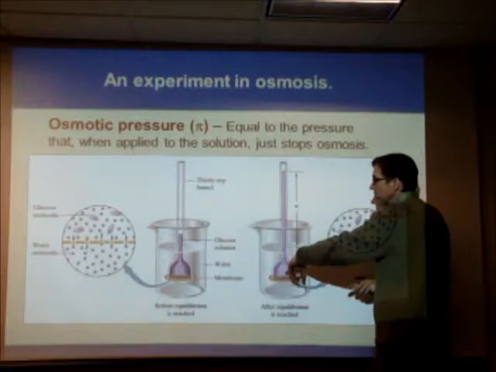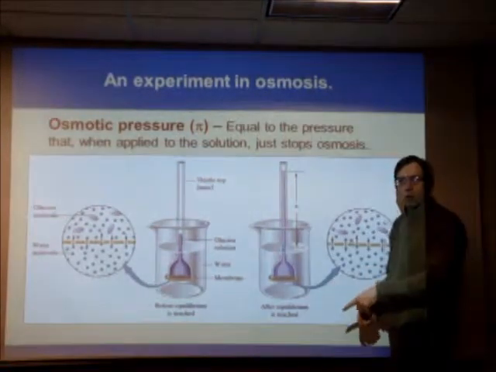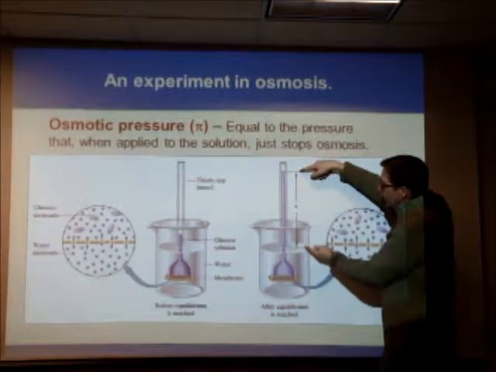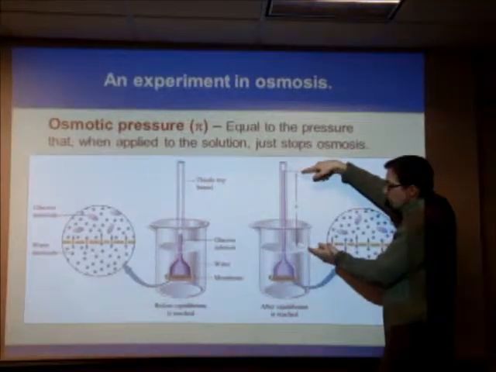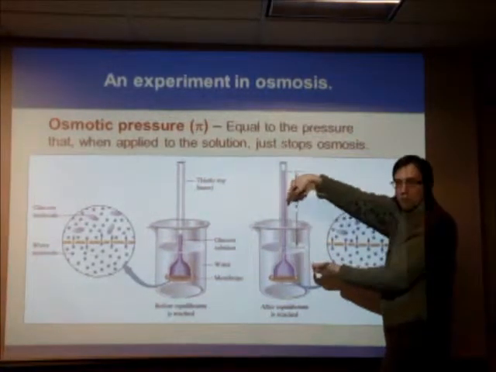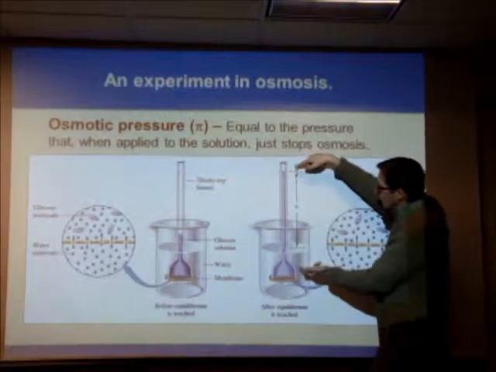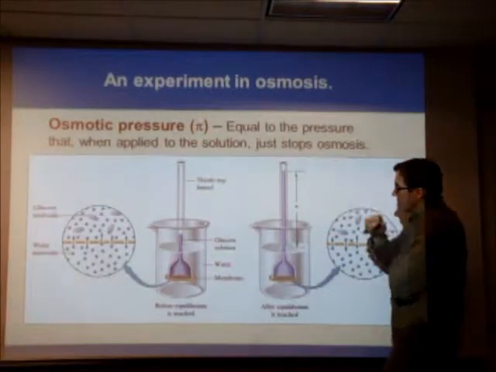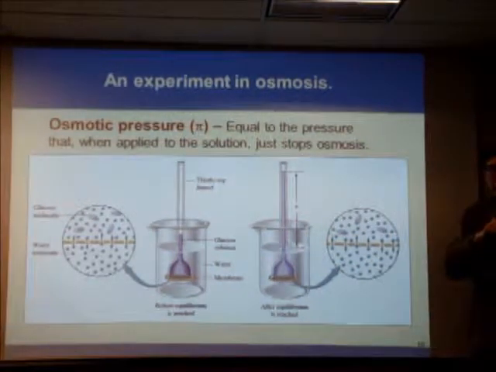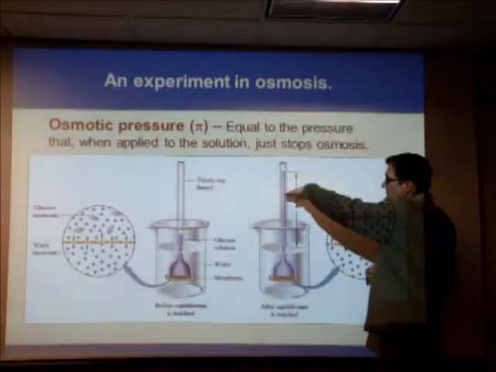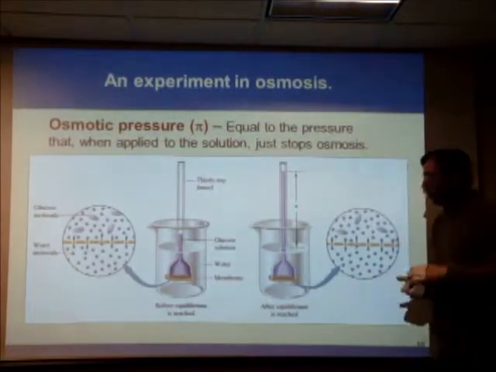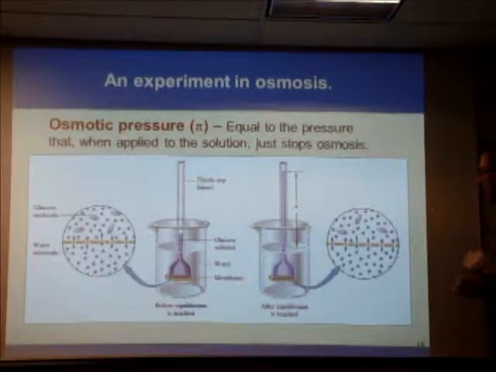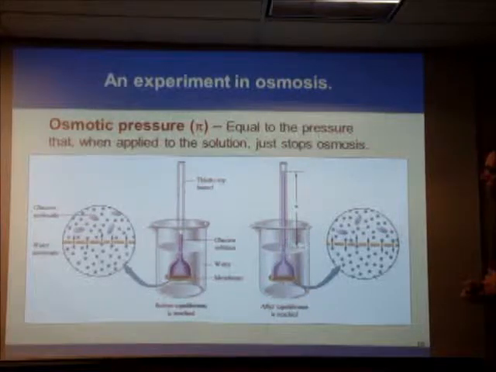Furthermore, there's gravity because this solution starts to weigh more and more. And so you hit a point where the two pressures are equal, the osmotic pressure as well as the force of gravity and the atmospheric pressure, and this thing stops moving. And so that's the osmotic pressure. How much pressure do you have to apply to stop the flow of water moving across that membrane?